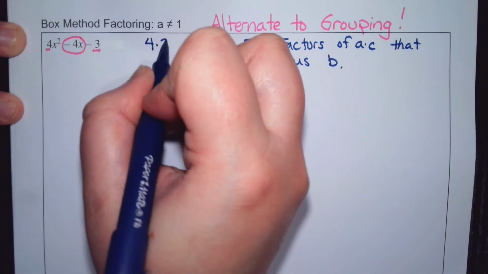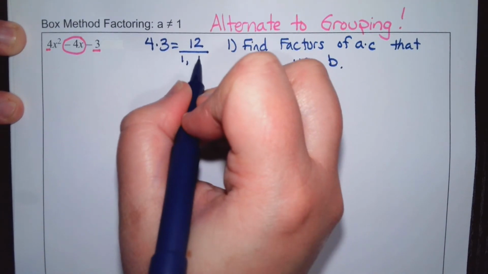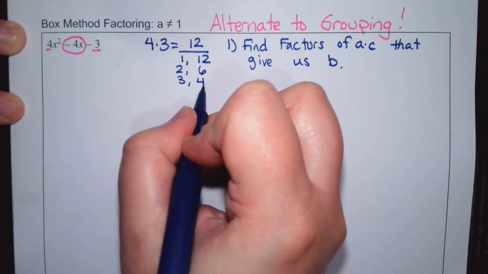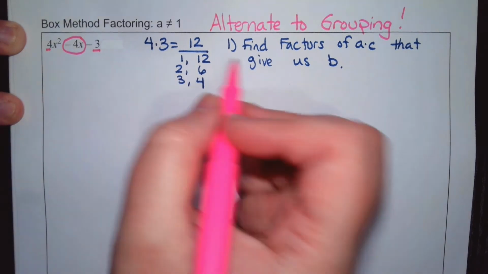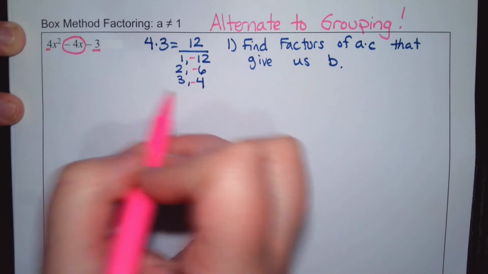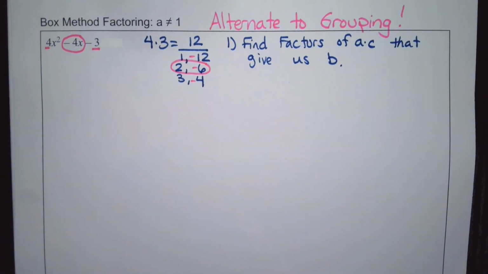So 4 times 3 is 12. So we have 1 and 12, 2 and 6, 3 and 4. Since they are both negative here, the larger gets a negative, and the only pair that adds up to -4 is 2 and -6.